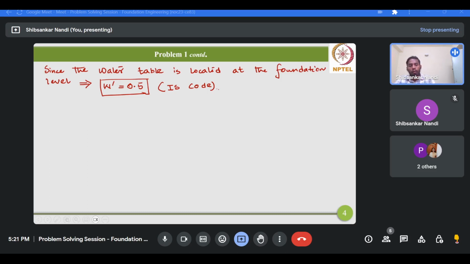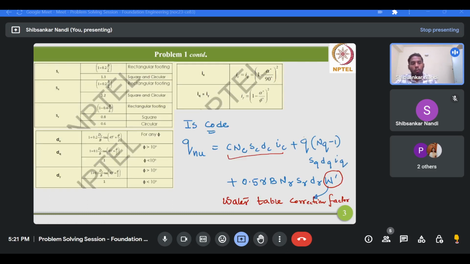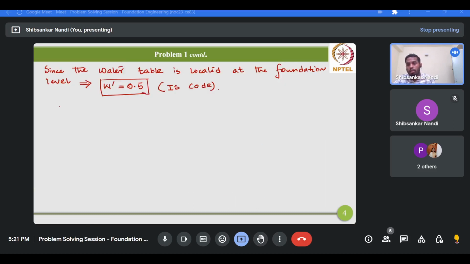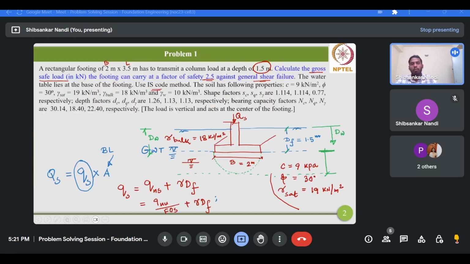Now what about the Q component in the second term? This Q is nothing but the effective overburden. Now what is effective overburden?